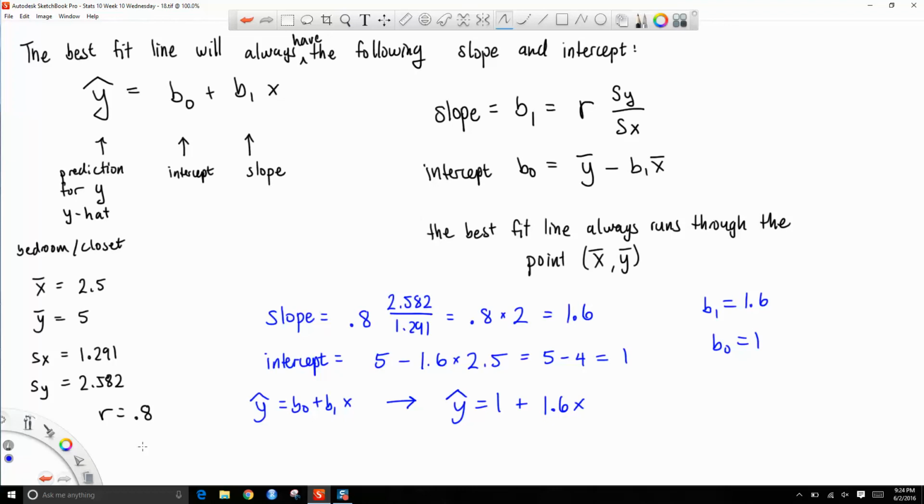Let me talk about the interpretations of the slope and the intercept. So the slope is the amount we predict y to change if x is increased by 1.